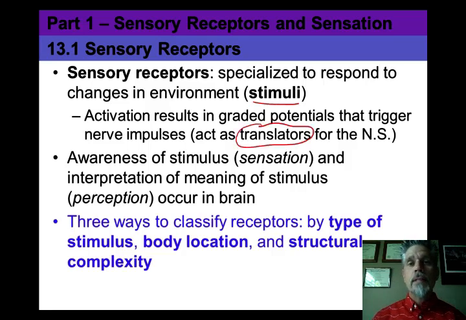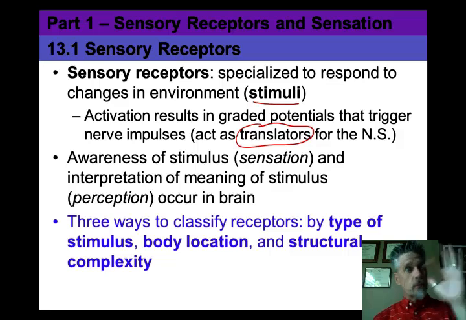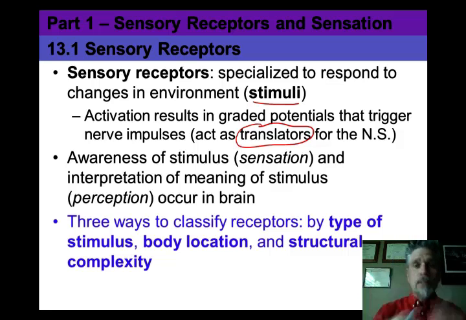They have to translate something about inside of us or outside of us and transmit it into something the nervous system can understand. Remember, the nervous system can only understand action potentials, graded potentials, neurotransmitters. It's just bzz, bzz, bzz, moving ions across the membrane. That's all it does. So if you take a light and you shine it on the brain or you shine it on the spinal cord, nothing's going to happen, right?